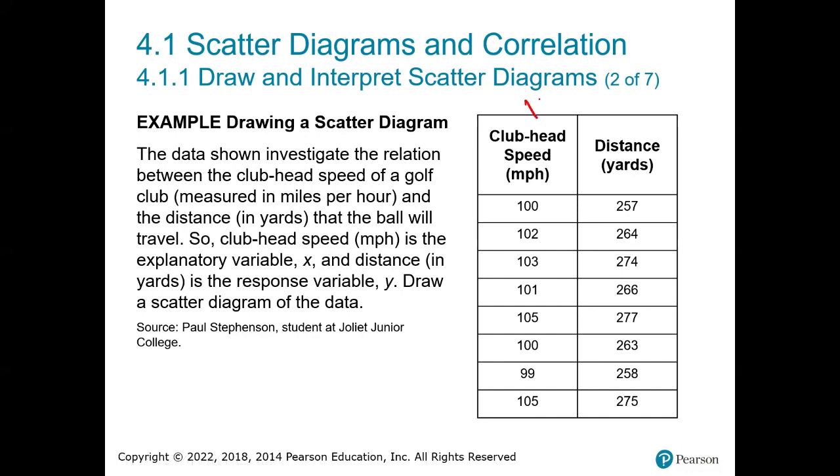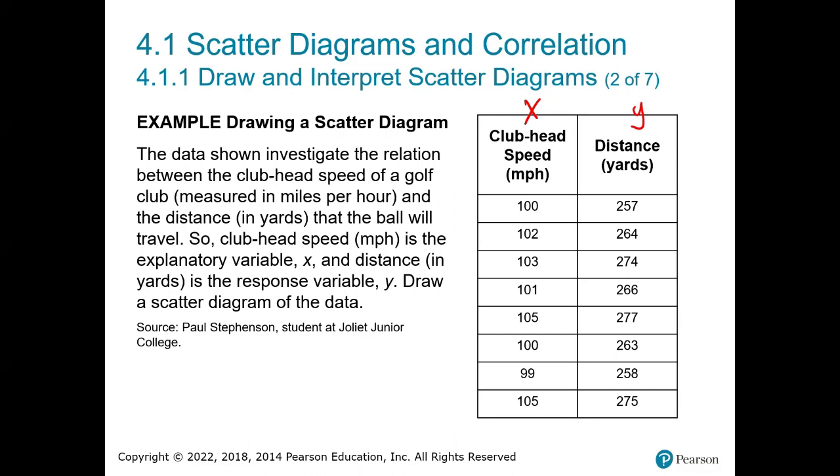So club head speed is the x, and the distance traveled is y, because depending on how fast that club is traveling, how fast I hit the golf ball is going to determine how far my ball goes.